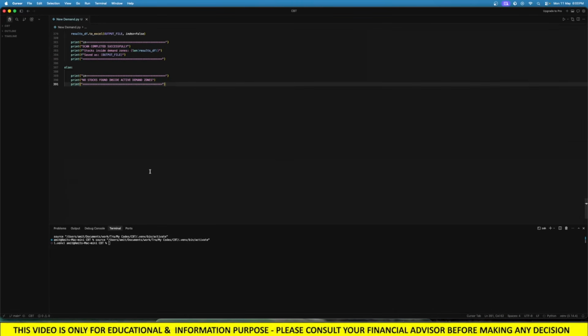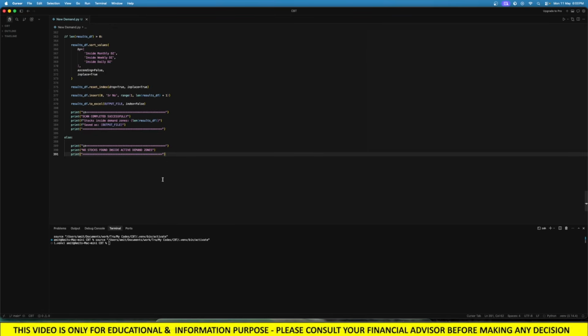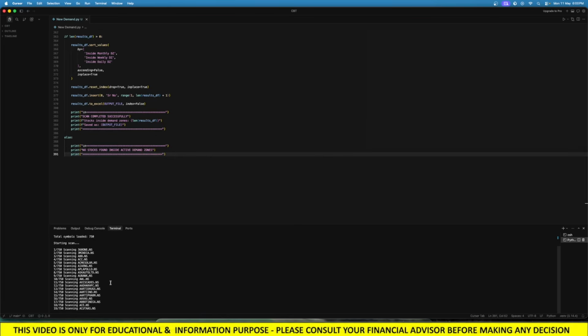This is the Python code which I coded, and if I click run, it will scan all the 750 stocks and give an Excel sheet with all the filtered stocks where the price is in any of the demand zones.